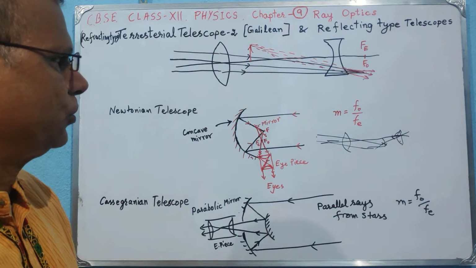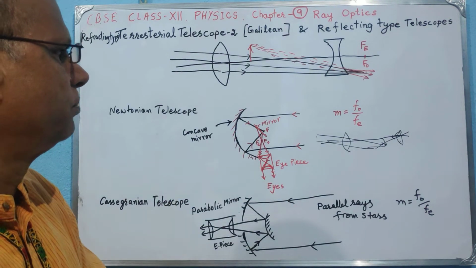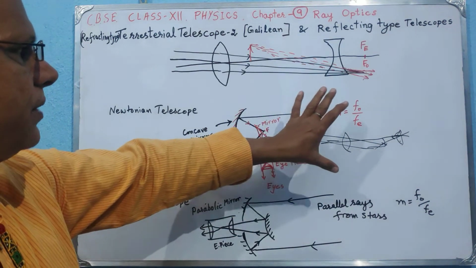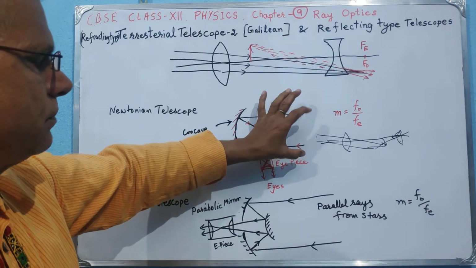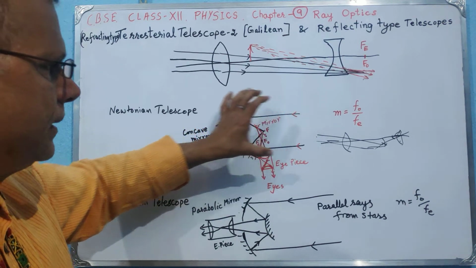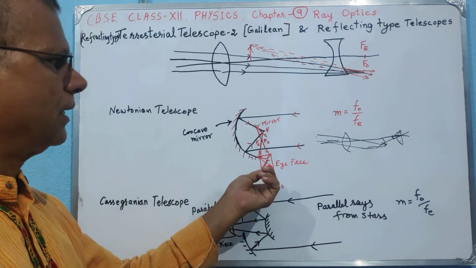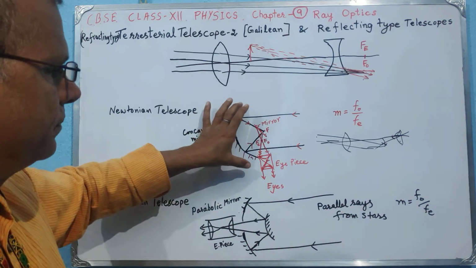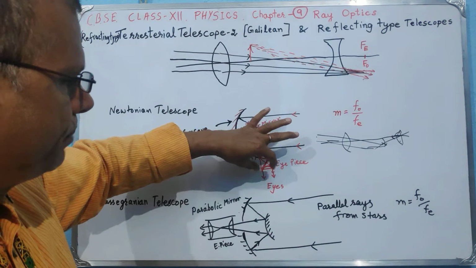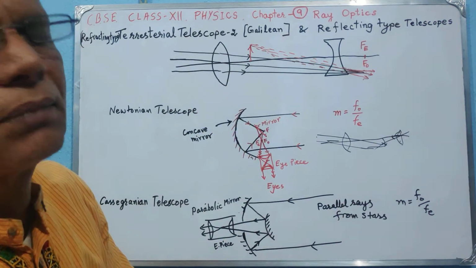We also define a term for this type of reflecting telescope, the brightness ratio. The light coming from distant stars does not have much brightness, and since the same amount of light is now allowed to converge or collect in a smaller area, the ratio of the area of the collecting mirror and the eyepiece is known as the brightness ratio.